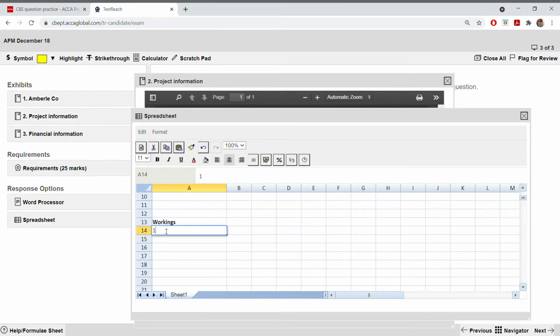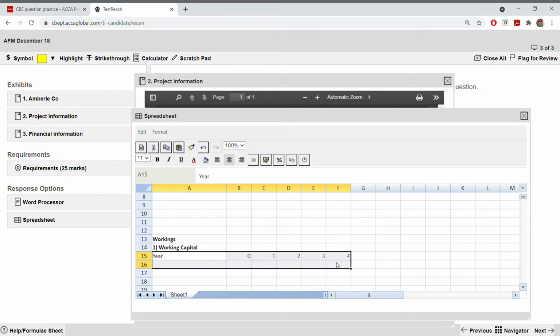So for working, you have to label it. Which working? Number one, working capital. If it's for working capital, you write working capital. This much is enough. Now, for working capital, here also you have to put the years like this, starting with 0: 0, 1, 2, 3, 4. Here also you have to take dollars in million.